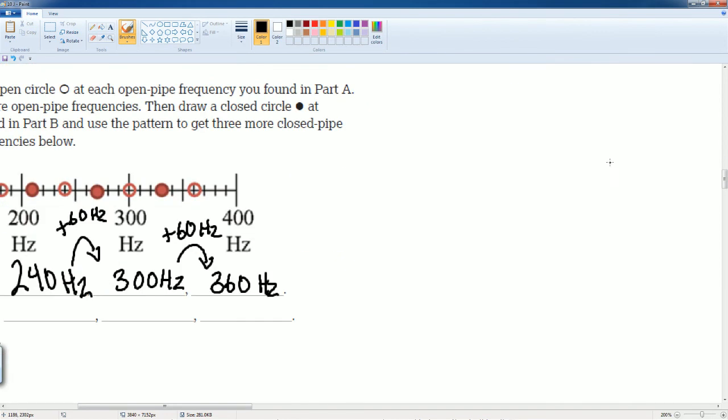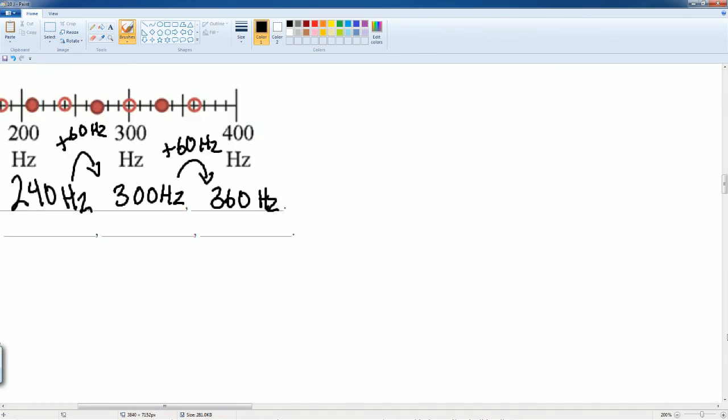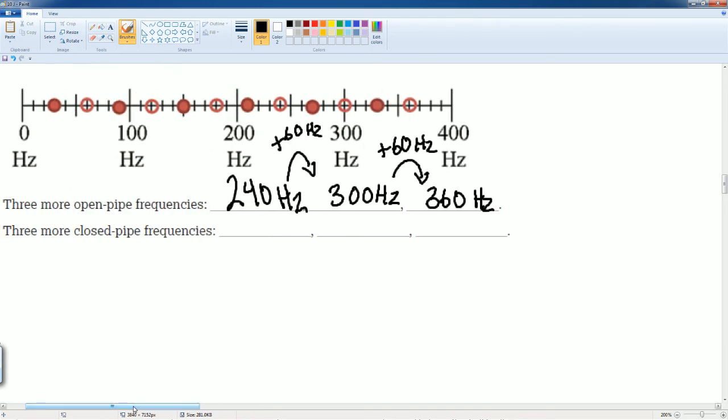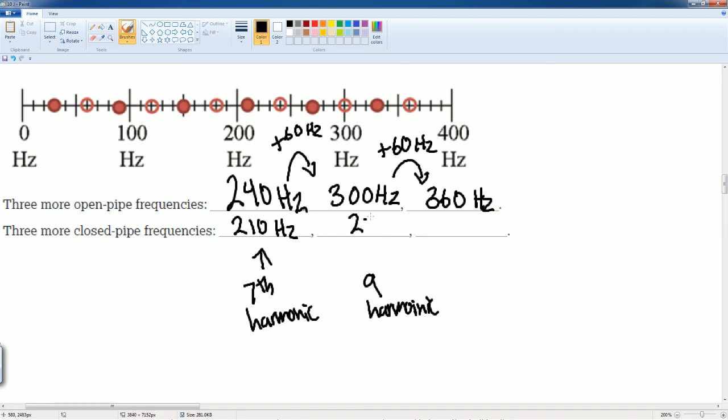So this is 210. Remember, this is the 7th harmonic. This is going to be the 9th harmonic, so it's going to be 270. And this is going to be the 11th harmonic, so it's going to be 330. Okay. There you go.